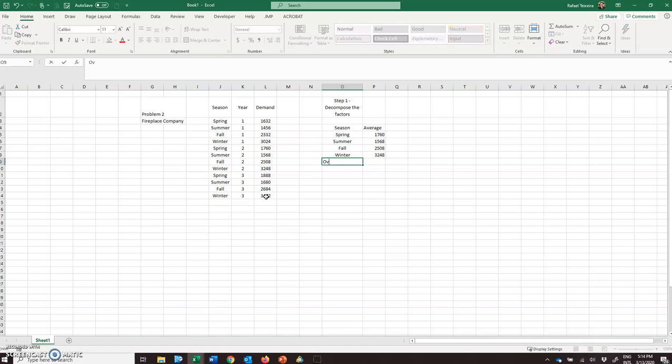And then we have the overall year, which is equal to the average of all this demand, because it's the 3 years we're taking the average.